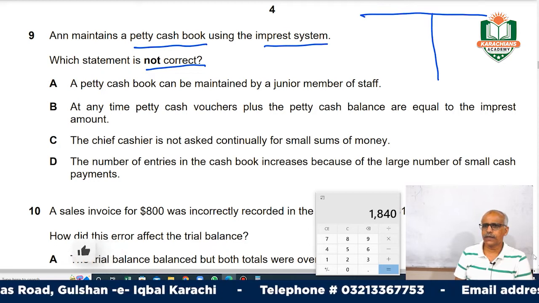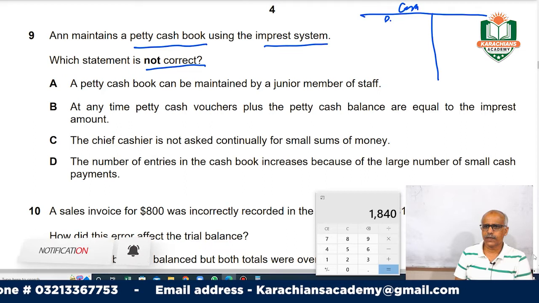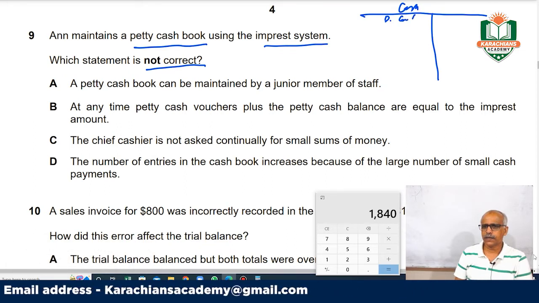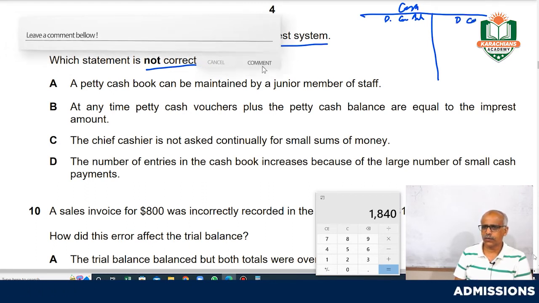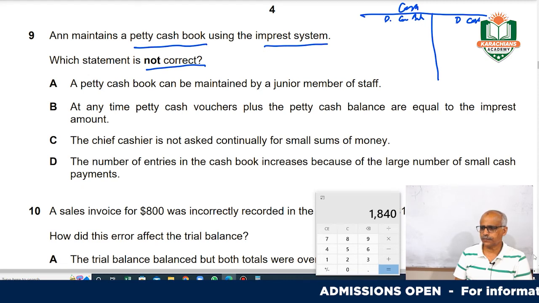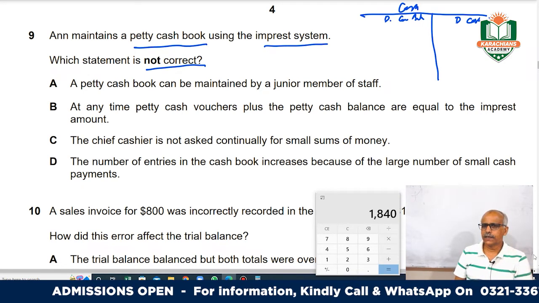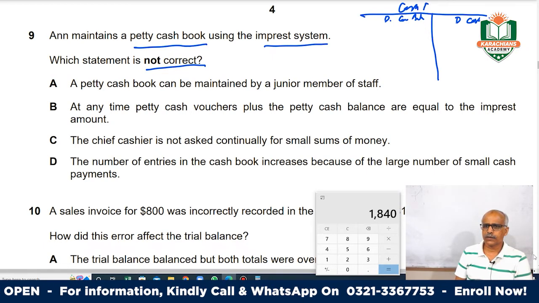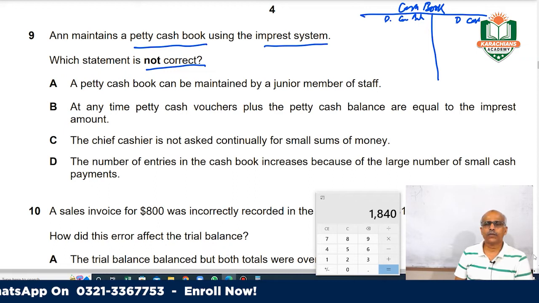When we make a cash book, we maintain a discount allowed column, then a cash column, then a bank column on the debit side. Likewise, a discount received column, cash column, and bank on the credit side. In our cash book, we always do the bulk entries, meaning big entries, not the small ones.